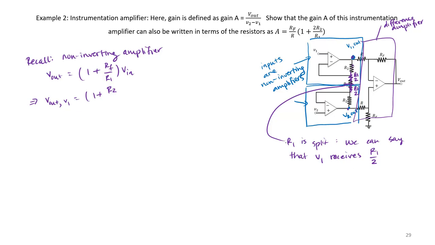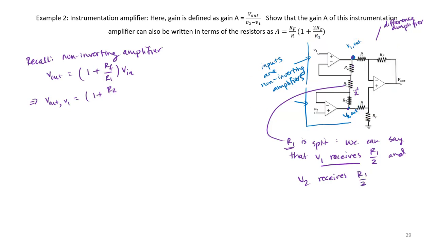So we can go ahead and assume that that resistor R1 here is split between the two non-inverting amplifiers. So let's have V1 receive R1 over 2, and V2 receives R1 over 2 as well. So another way to draw this would be to have each of those non-inverting amplifiers having R1 over 2 ohms as their resistor.